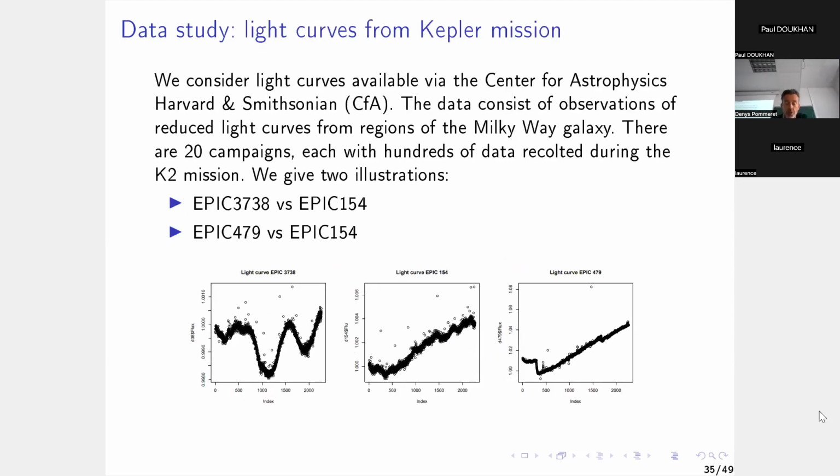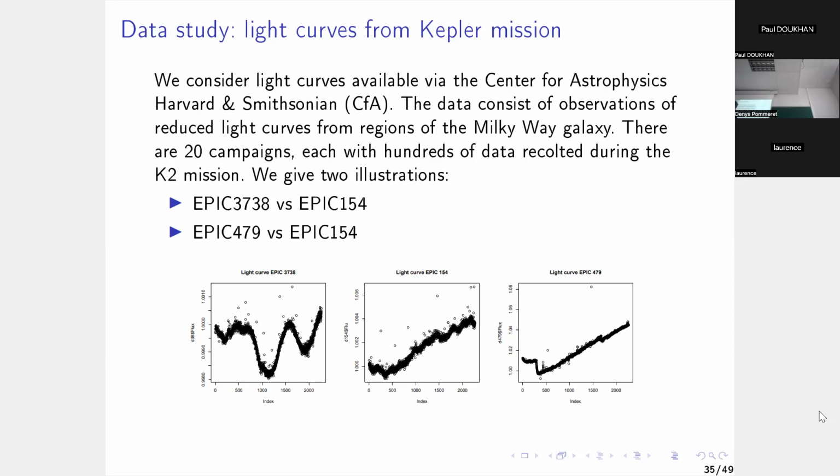And I show you another illustration. These are light curves from the Kepler mission. You go to the NASA site, and you can get many light curves. Then you can compare this one and this one, and you might think they are not the same.